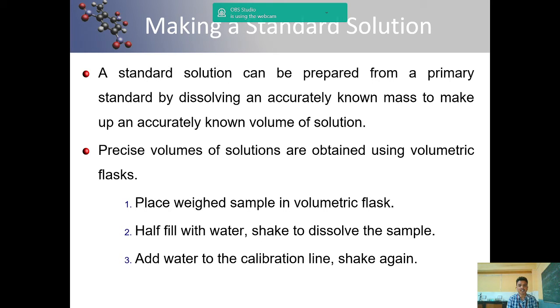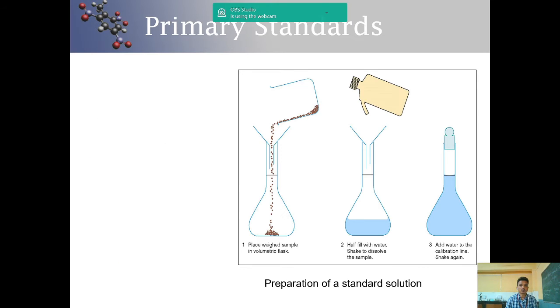One calibration line is on the glass of the volumetric flask, on the neck of the flask. So you have to add more water up to the calibration line and shake again. This is the standard process to make a standard solution while you are performing volumetric analysis.